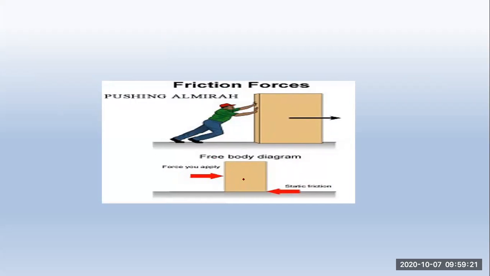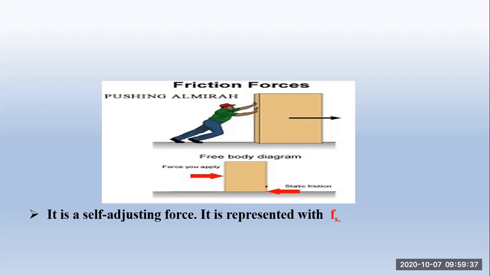These two forces are equal in magnitude. So this is the static friction, because the object is not moving but the friction is developing here. That's why we were saying that the static friction is equal to applied force. It is a self-adjusting force and it is represented as Fs. F for friction, S for static.